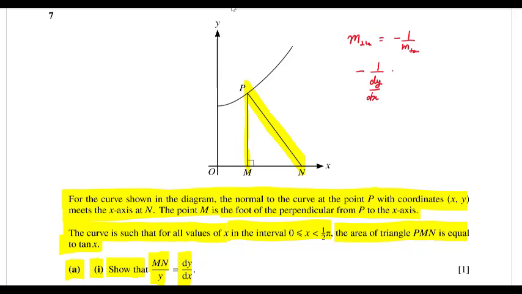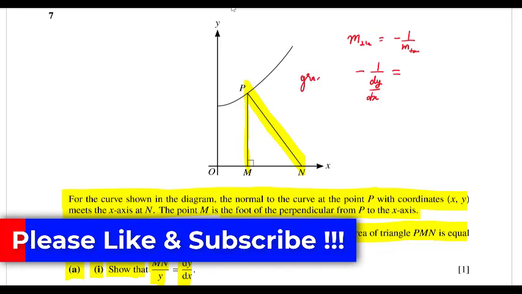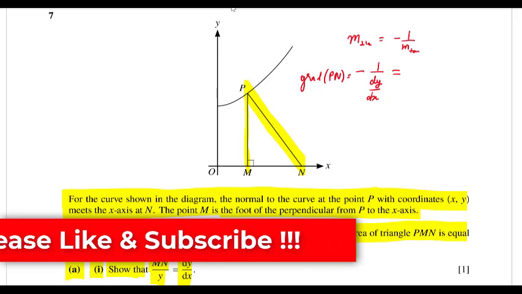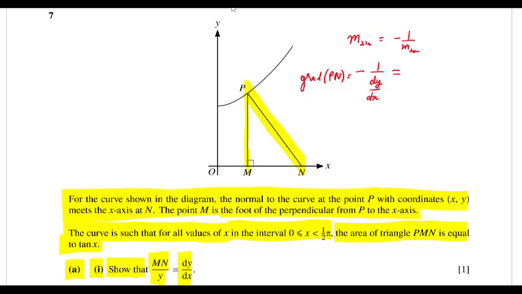And from the diagram, from the definition, we know the gradient of PN is minus 1 over dy over dx, and from the diagram we have gradient of PN as rise upon run, and it is going to be minus PM upon MN.